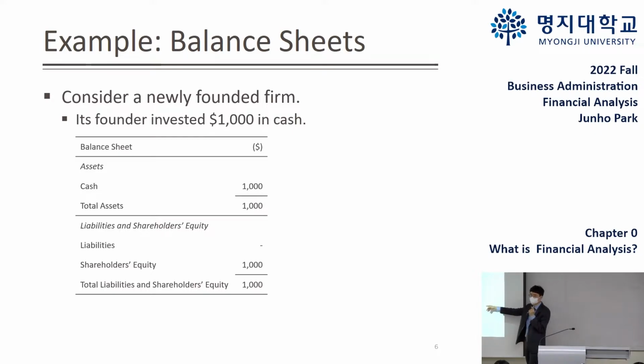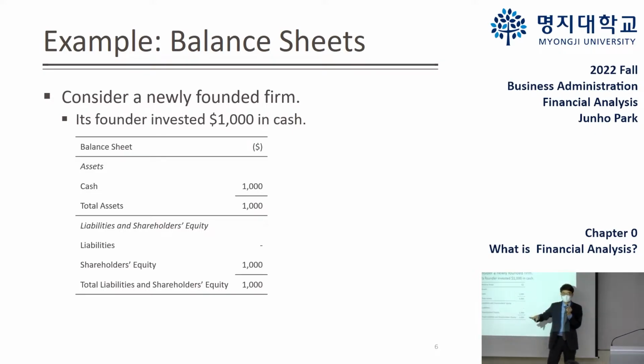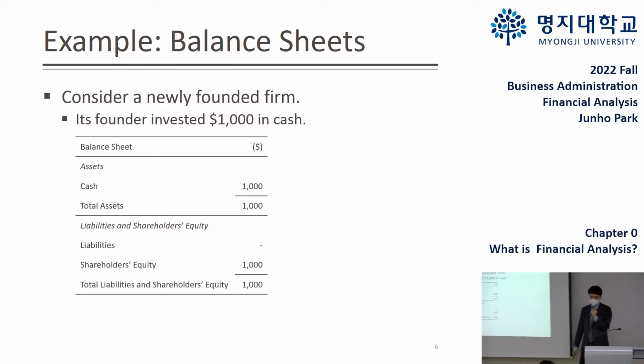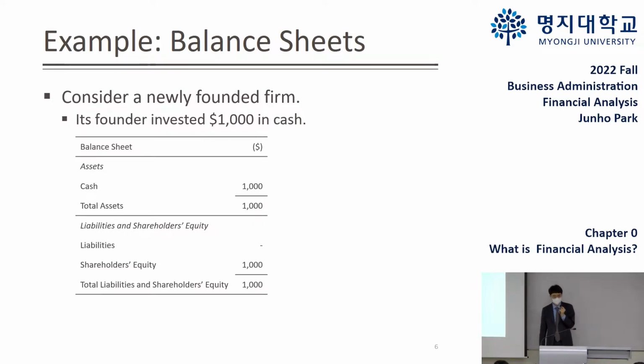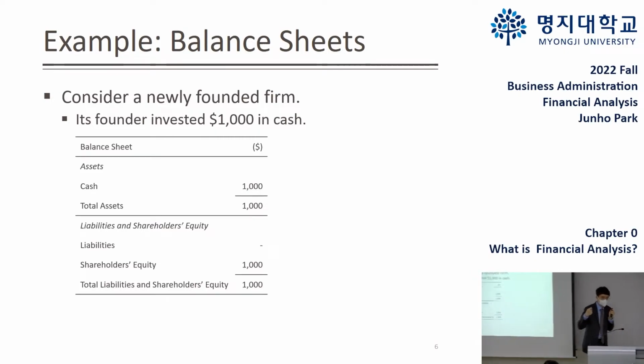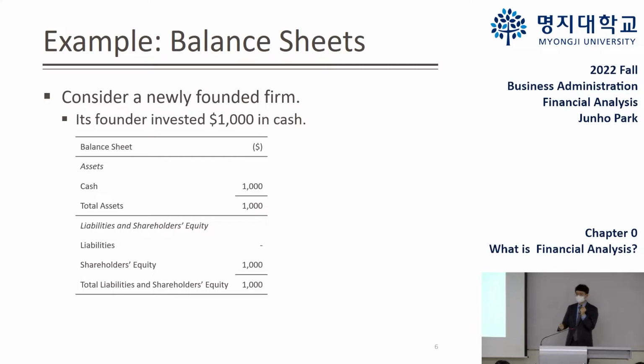And this will look like this. So you have assets, but the only asset you have right now is cash. So you have $1,000, so total assets equal $1,000. But on the other side, you don't have liabilities because you founded this firm by yourself. You did not ask for help from others.